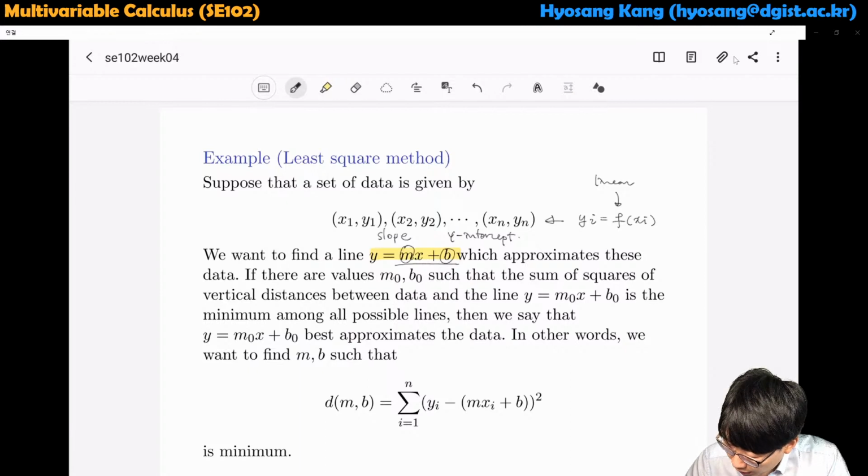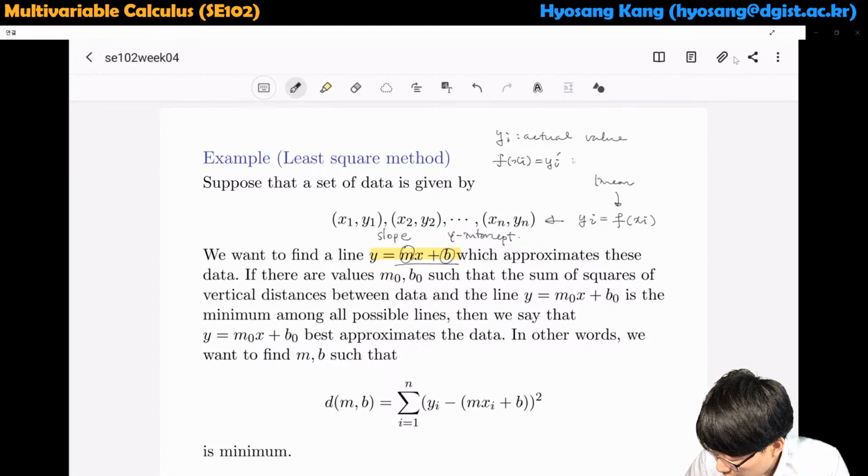So these yi are the actual value, and my estimate f of xi, which is y prime, is the estimate. Sometimes the words are opposite. So yi is not an estimate, sorry, this is the estimate, and this is the actual value.